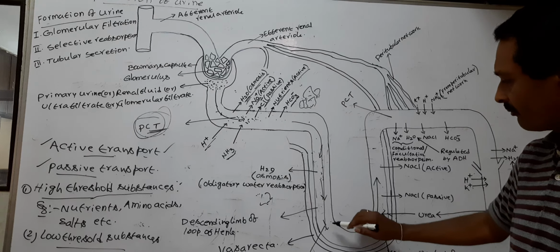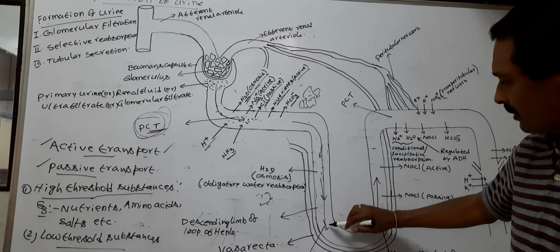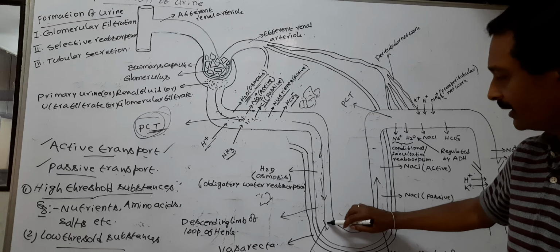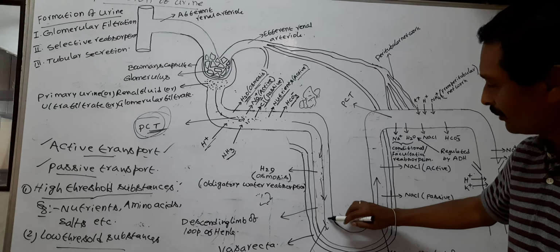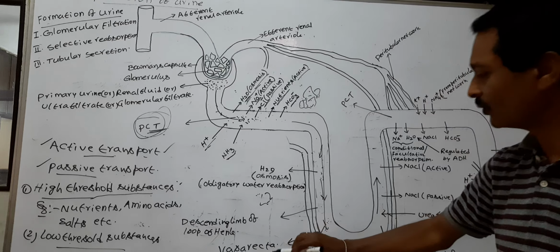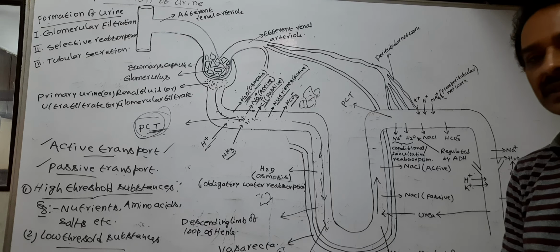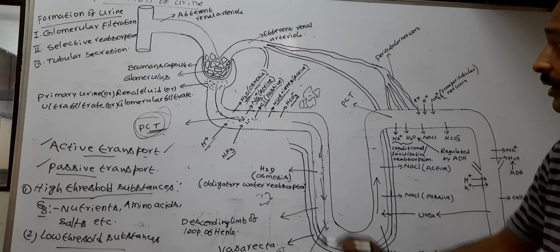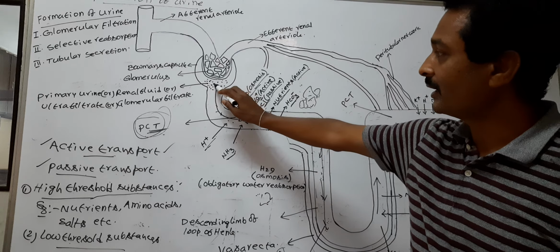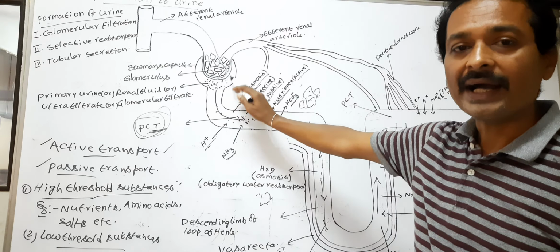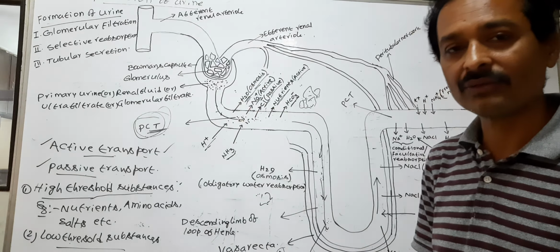Now the concentration of primary urine in the descending limb of loop of Henle is isotonic to medullary interstitial fluid. So the primary urine in the lumen of the Bowman's capsule is isotonic to cortical fluid.